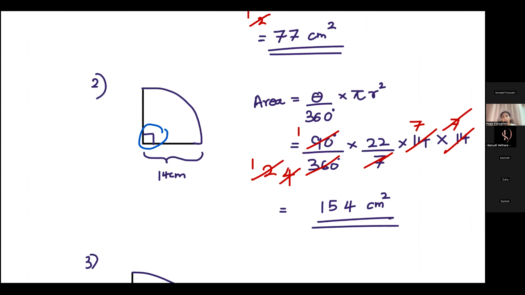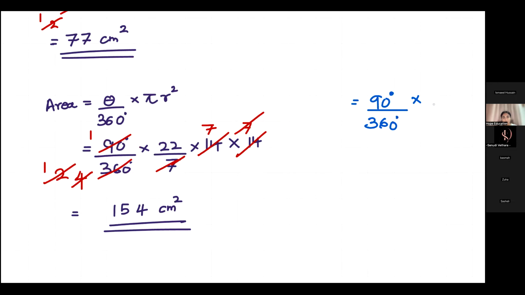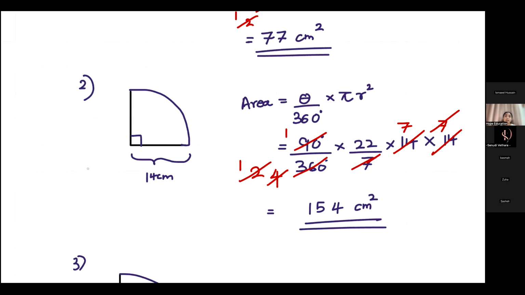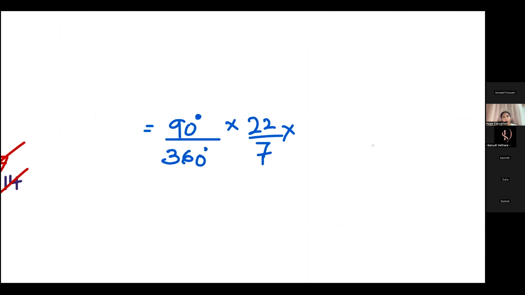So, instead of theta, I take 90 degrees, divided by 360, multiplied by pi. Pi is 22 over 7, multiplied by r squared. R squared means radius squared. Here the radius is 14 centimeters, so 14 multiplied by 14.